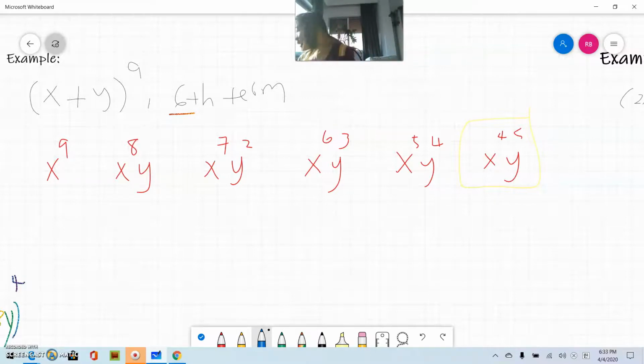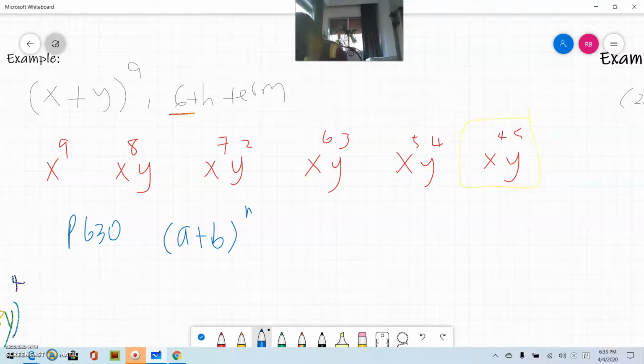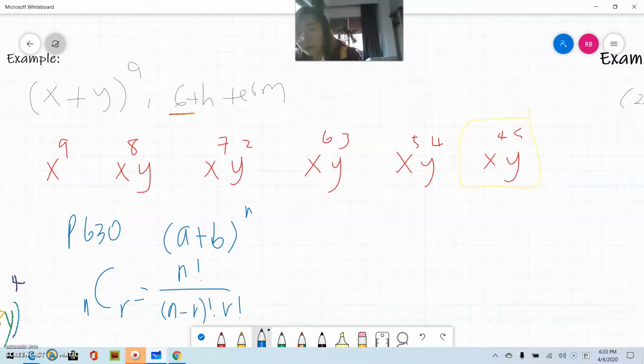If you go to page 630, it shows you the formula for the binomial coefficient of a plus b to the n power, and then it shows you the combination, which is nCr, n factorial over n minus r factorial times r factorial.